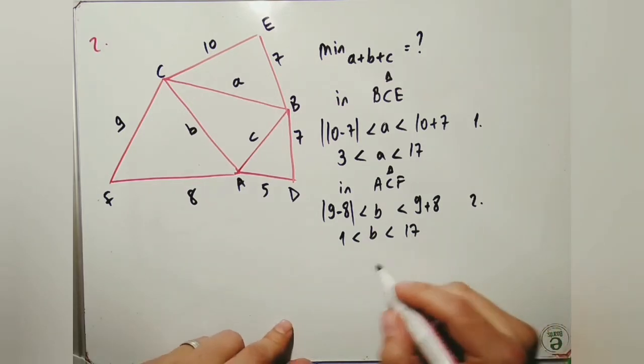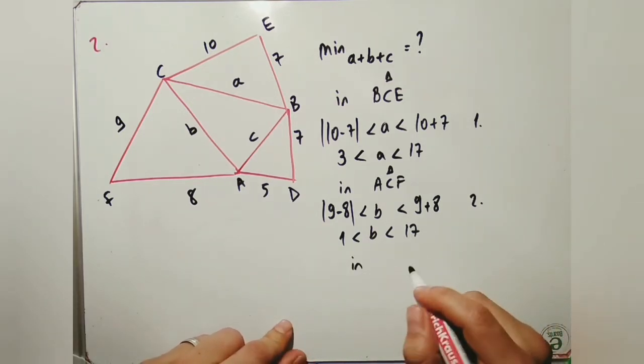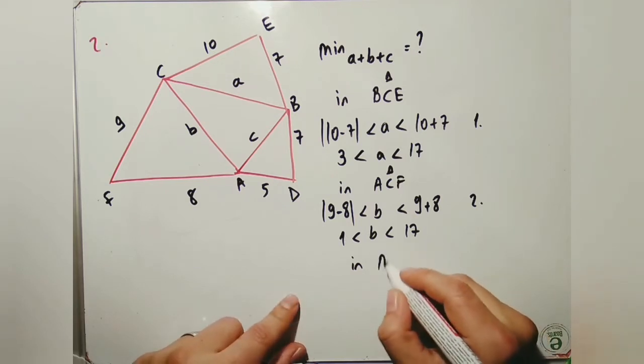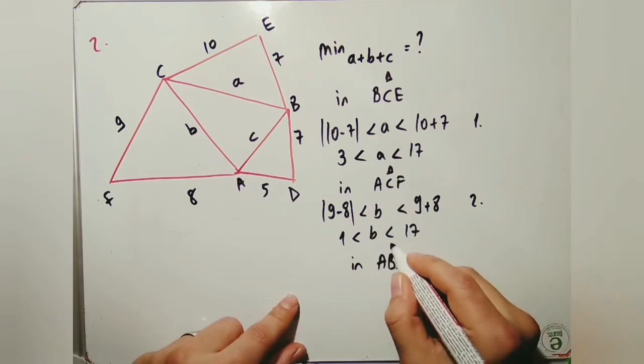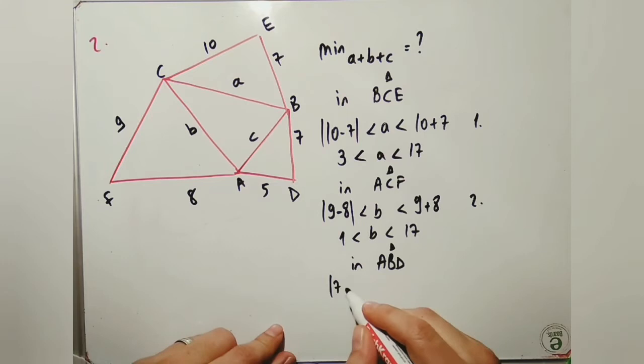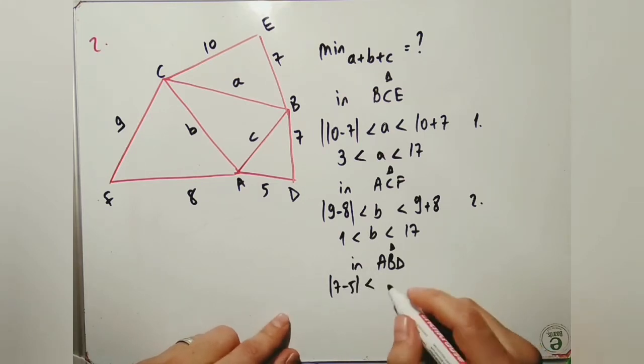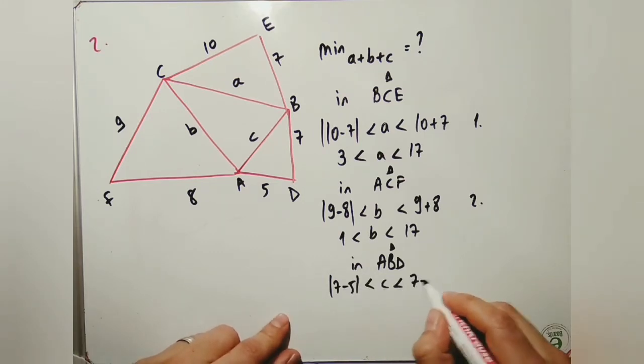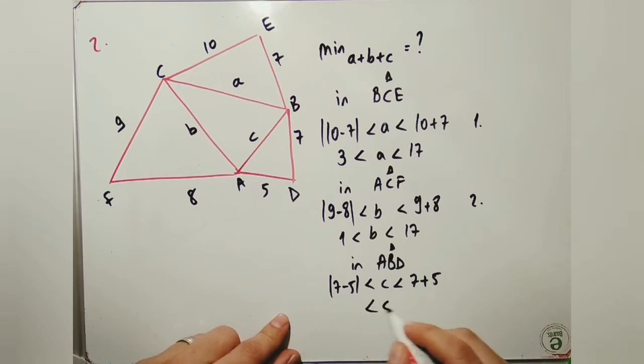And the last one is triangle ABD. So the absolute value of 7 minus 5 is less than C, which is less than 7 plus 5. So C is between 2 and 12.